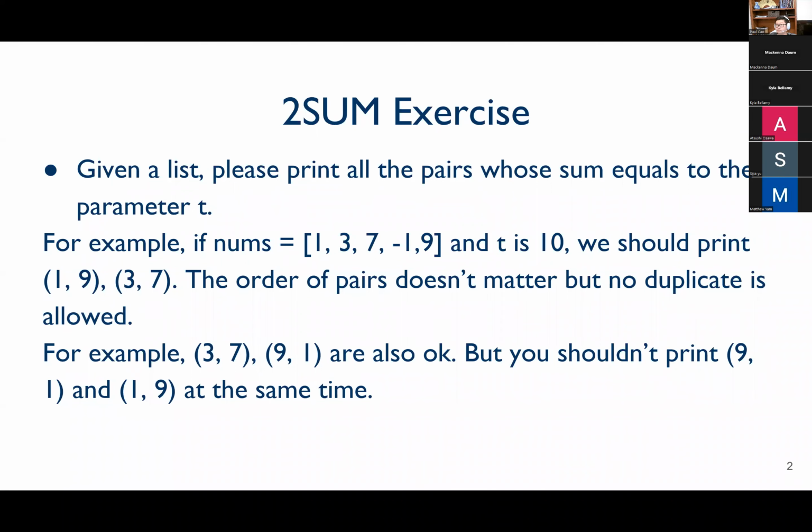The question is, how do we do this? You are given the list and your job is to print out all these pairs. The assumption you can make is that there are no duplicates in this list. In other words, every number in this list is unique. That would make your life much easier.